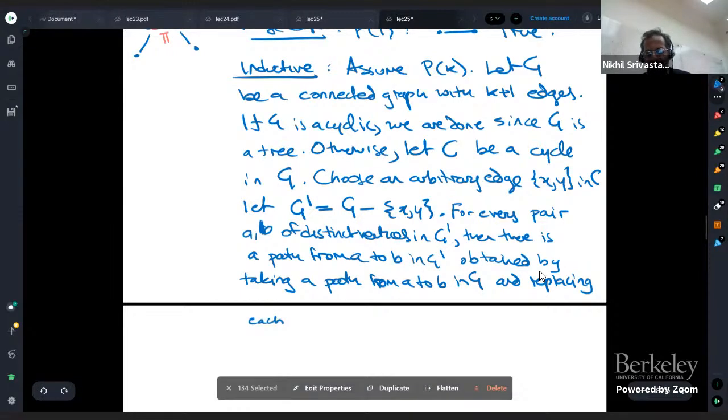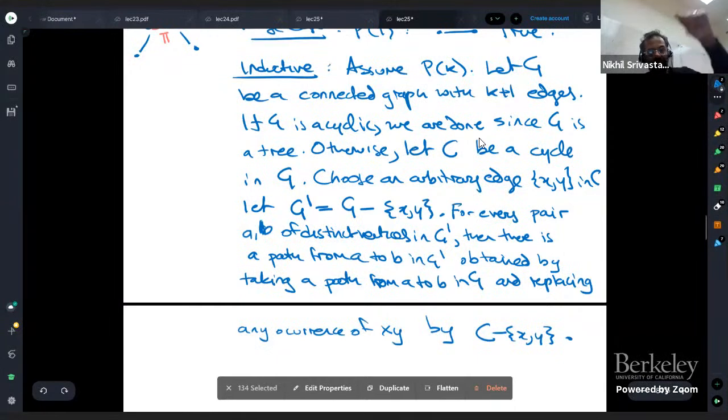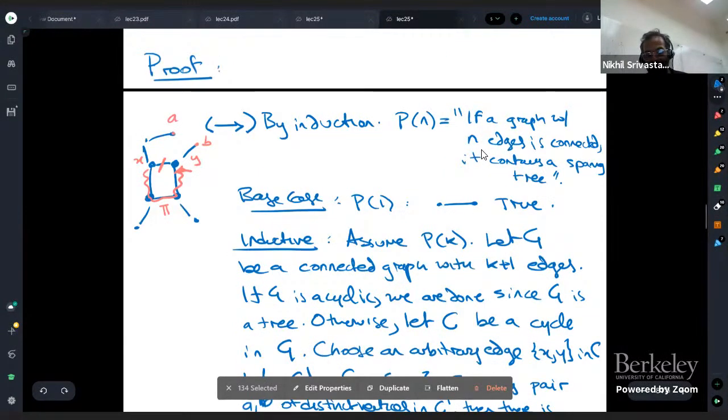Well, there's only one occurrence because it's a simple path, and there may be no occurrences. We replace xy by the cycle minus the edge xy, which is also a path from x to y. So that's really the argument that you can reroute all paths that use xy.